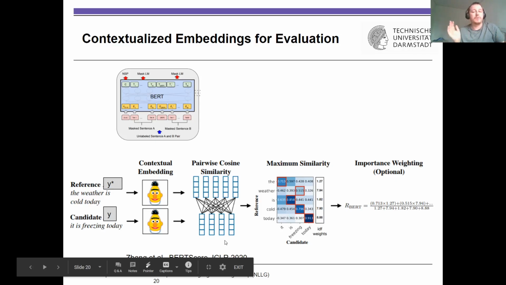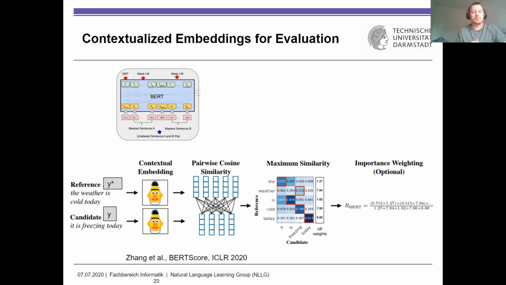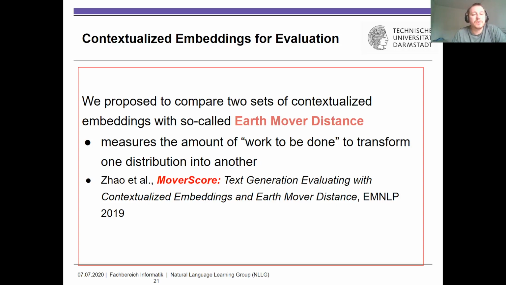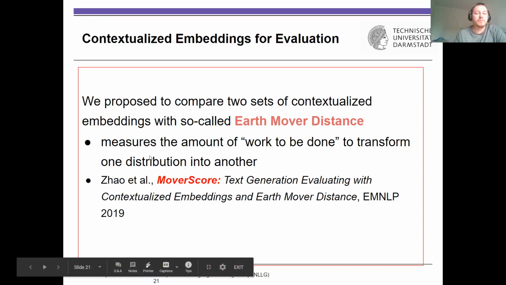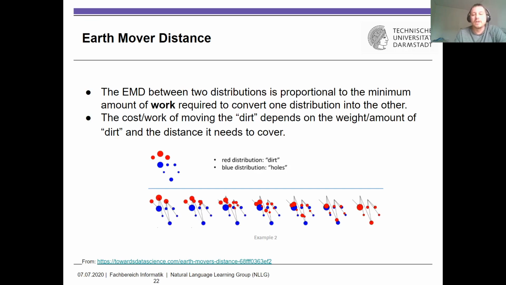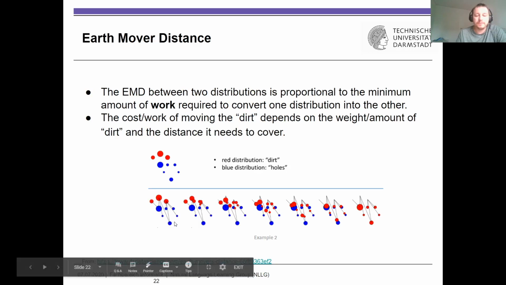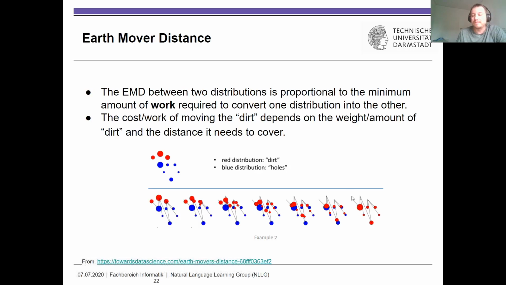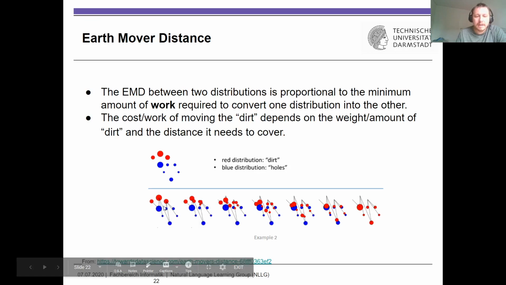And it's using contextualized embeddings in this way. Then in our own work, the MoverScore paper that you have seen previously, instead of this heuristic or greedy alignment, it uses earth mover distance, which is the amount of work to be done to transform one probability distribution into another. Briefly illustrated here, you have two distributions, one given in red, one in blue, and you have to check how much work you have to do to transform one probability distribution into the other.